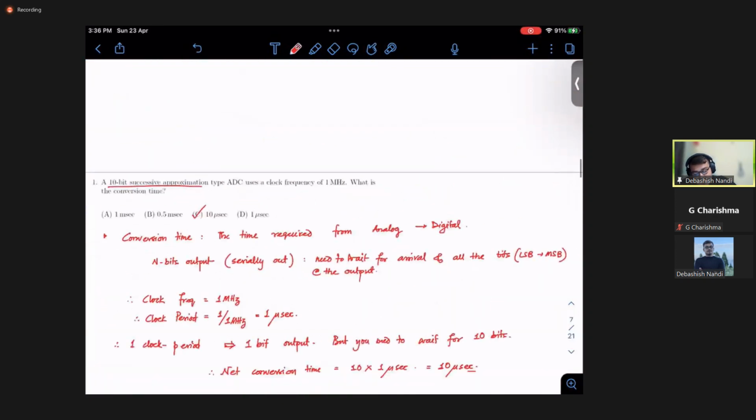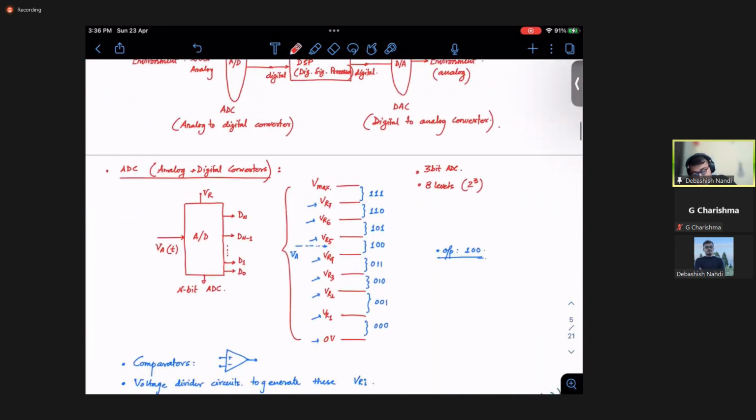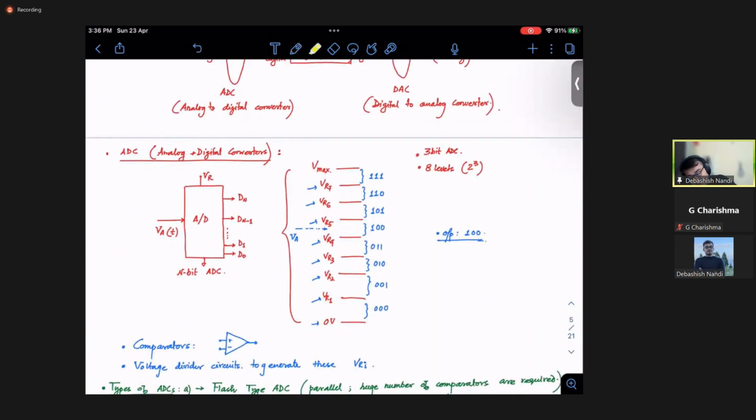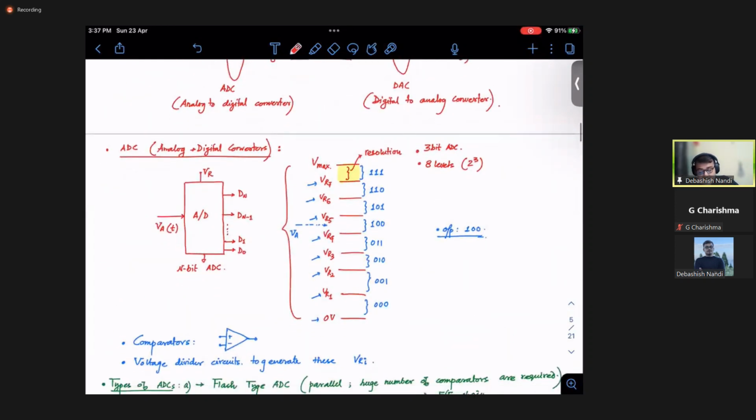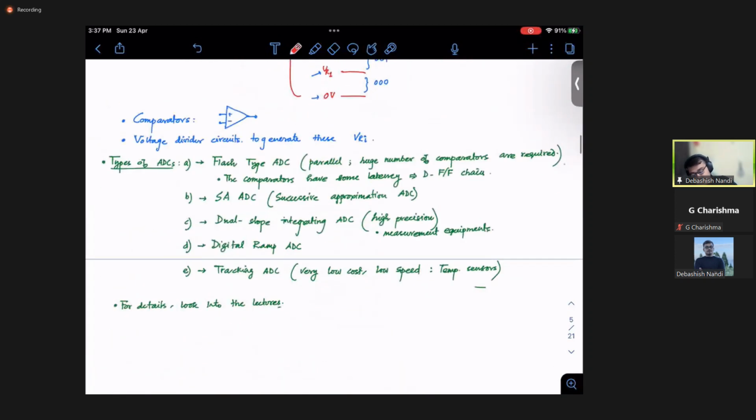What is the resolution, by the way? This part is your resolution, this bin size. So you can guess from this how many comparators you require. You just simply have to divide this by this resolution.